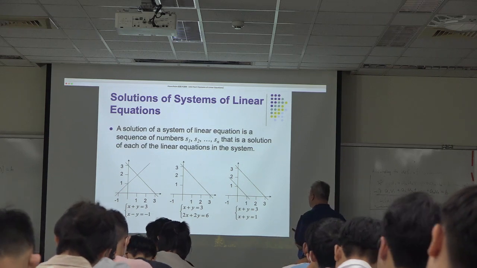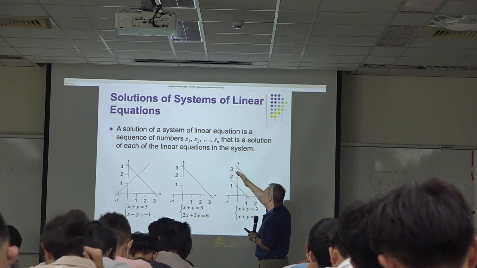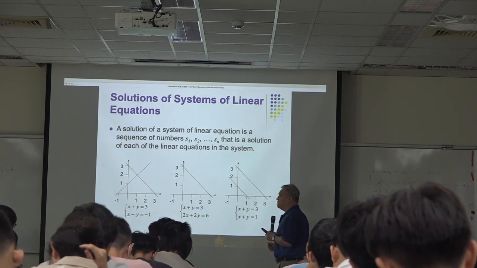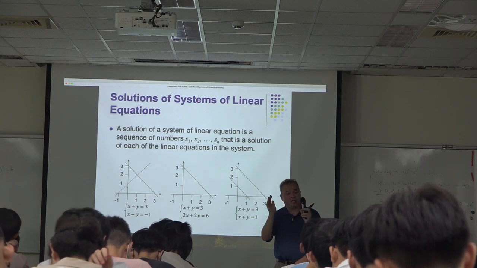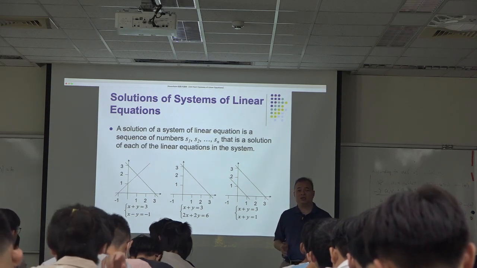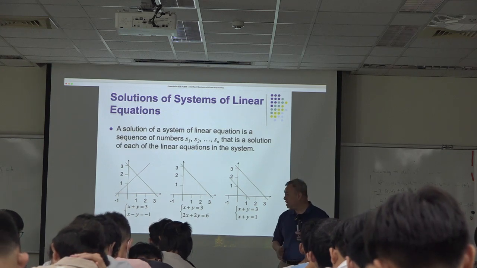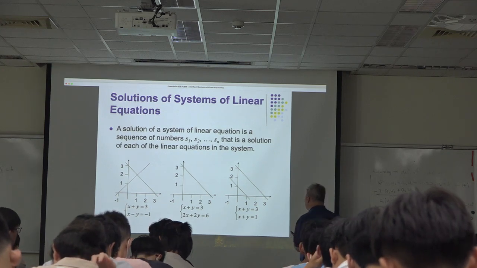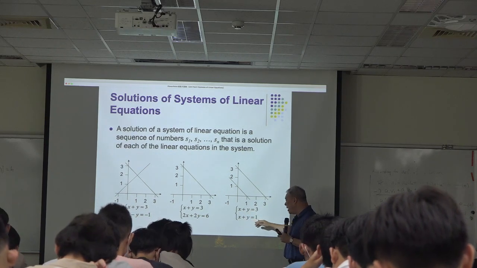And the third situation is when these two lines happen to be parallel. They do not overlap. They actually have no point in common. This is the situation, for example, like x plus y equal to 3 and x plus y equal to 1.